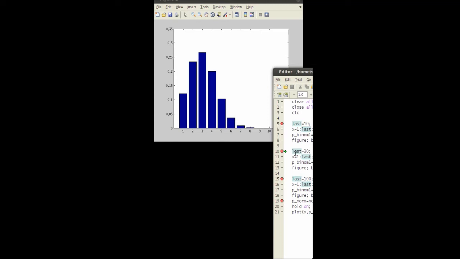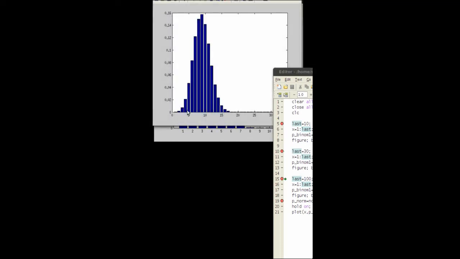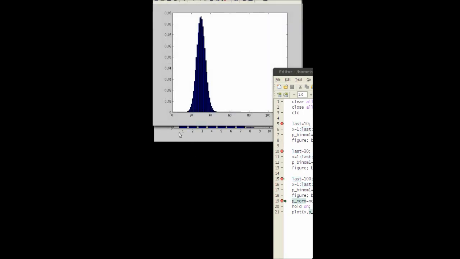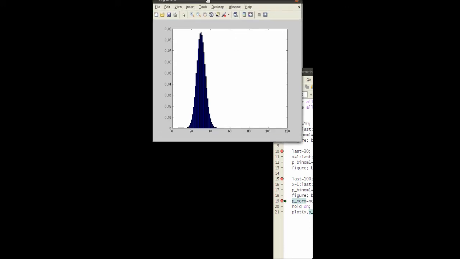So anyway, going up to 30, this is what it's going to look like. All right. So it's starting to look a bit more like a normal distribution, right? Now, if I do 100, it's really close to a normal distribution. So you can see they're closer together, and they're looking more and more like a normal distribution.